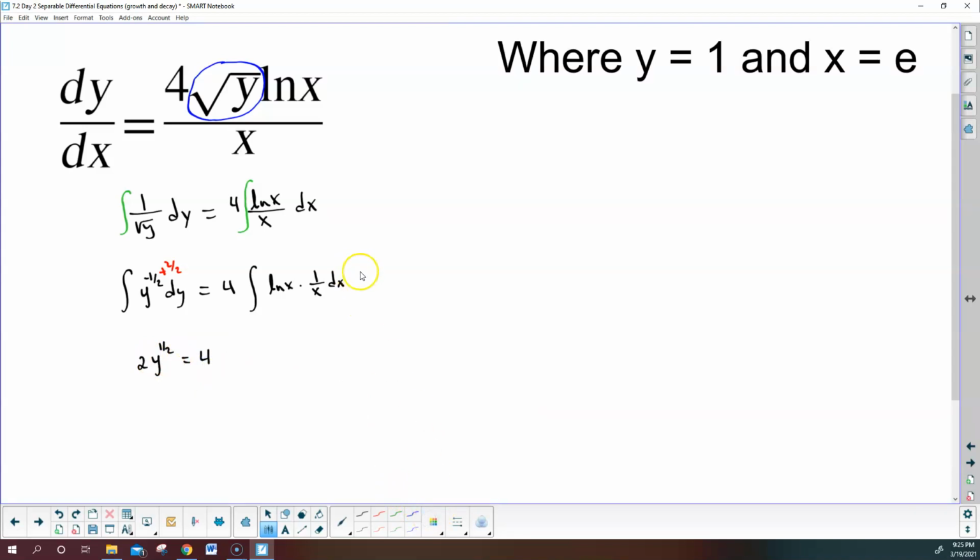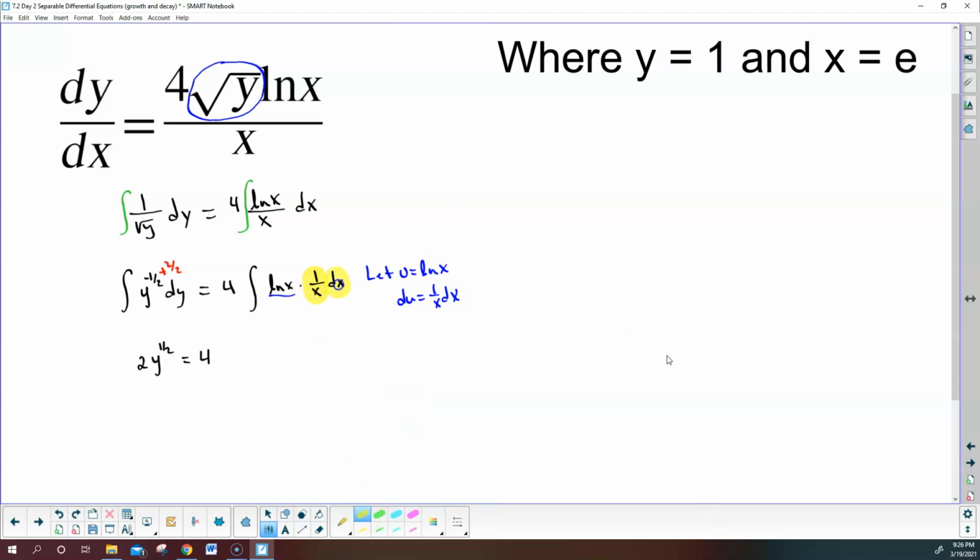And then over here, I'm going to do a u substitution. And I'm going to let the natural log of x right here be my u value. The reason why is look at what appears when I take the derivative. The derivative of ln x is 1 over x dx.